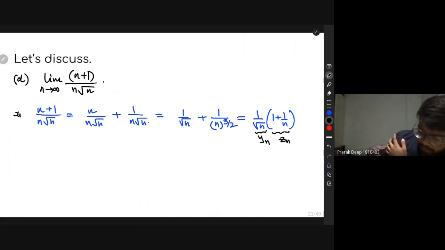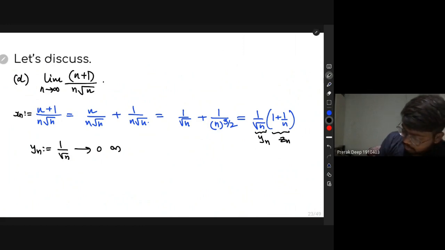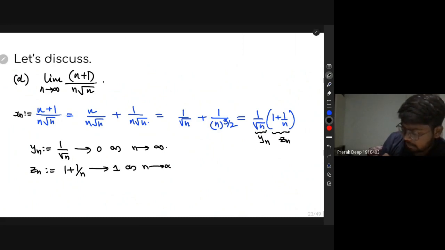This is my xn term. Now yn, which is this, converges to 0 as n tends to infinity. Similarly, zn, which is 1 plus 1 over n, converges to 1 as n tends to infinity.